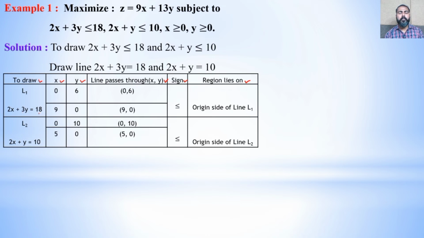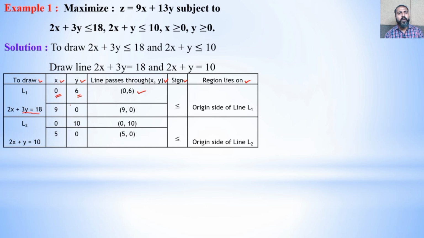To find the point of intersection with x axis and y axis, first we put x = 0 to get point of intersection with y axis. When we put x = 0, equation gives 3y = 18. So, y = 6. Therefore, point of intersection with y axis is (0, 6).